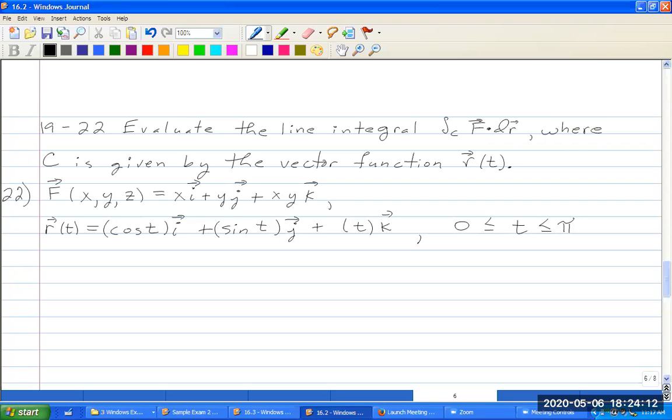Let's do this. So first off, let me rewrite f as a function of t.